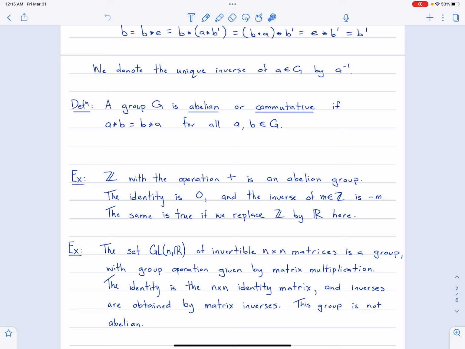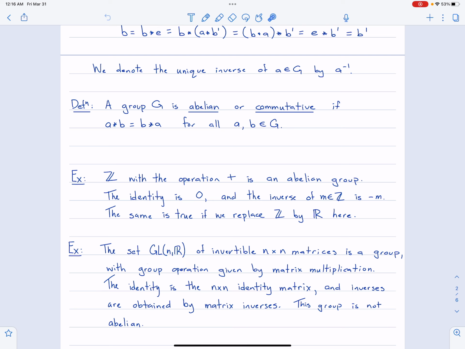It satisfies those three axioms of a group, and therefore it is a group. In this group, now we're looking for the identity: we want to find an n by n matrix that when you multiply it with any other n by n matrix, it doesn't change that matrix.